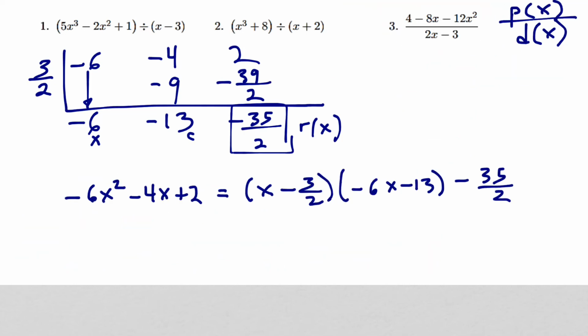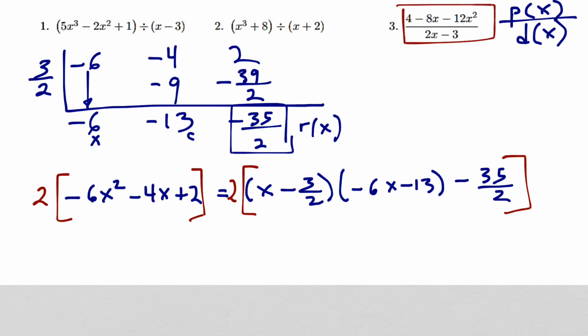All right, so I rewrote it so we had some room to work. So I want to get that 2 back, multiplying both sides by 2, so I can get it back in this original p of x, d of x form. Okay?